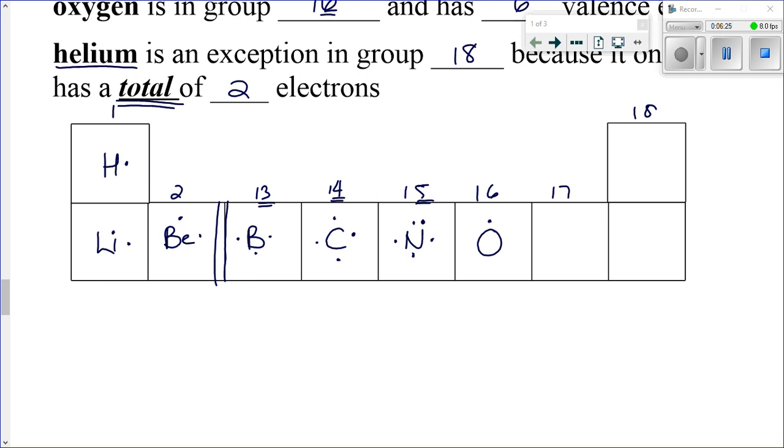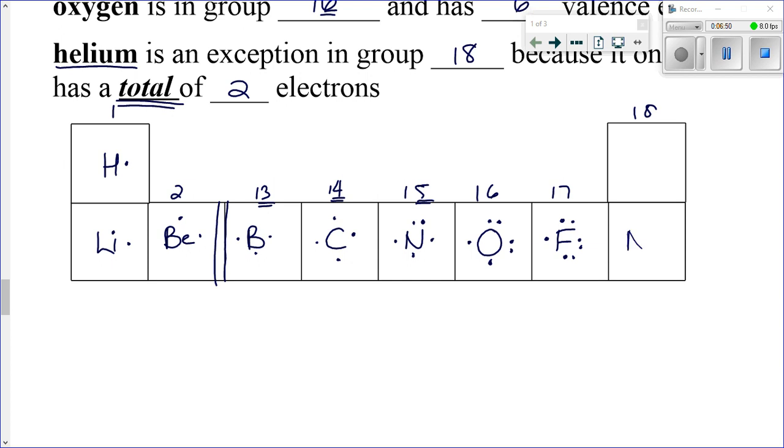So again, 1, 2, 3, 4, 5, 6. Fluorine has 7. Again, it doesn't matter where your bonding electron ends up or where your lone pairs end up, as long as you have the correct number of bonding electrons and the correct number of lone pairs.